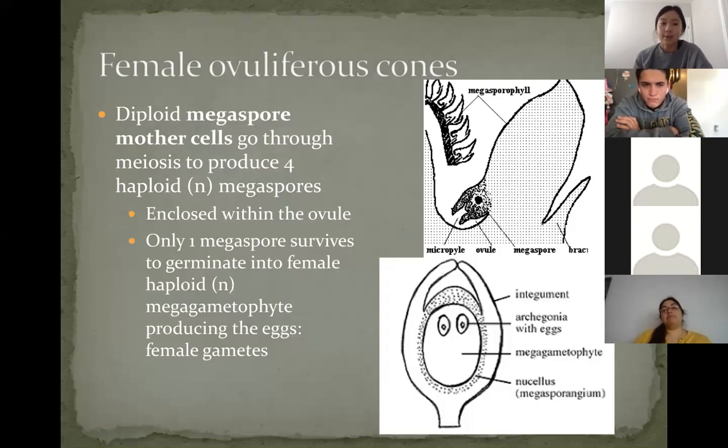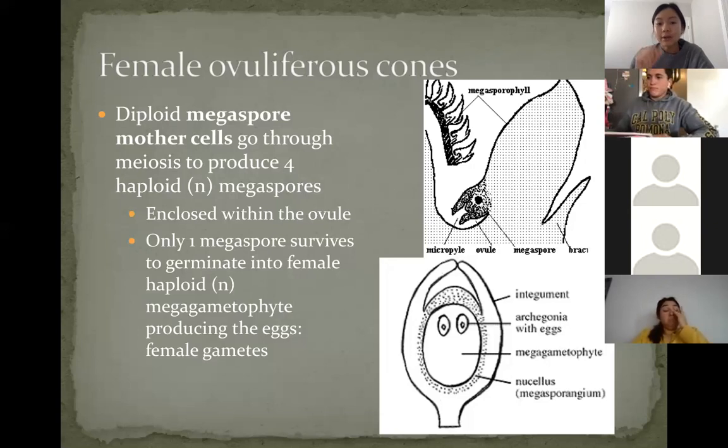Same exact thing with the females, where your megasporangium, which again is found within the ovule right here, will produce your haploid megaspores. Now, specifically for the females, it'll produce 4 haploid megaspores, but only one of them survives.